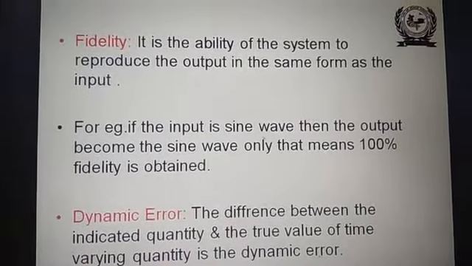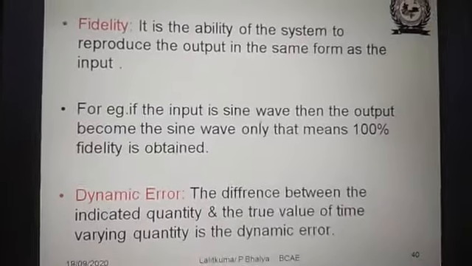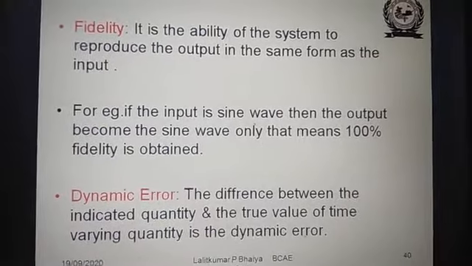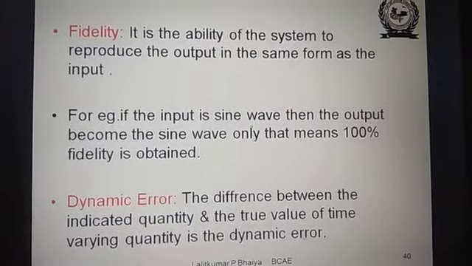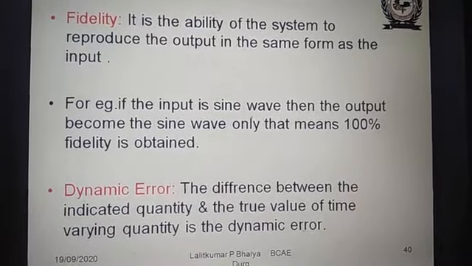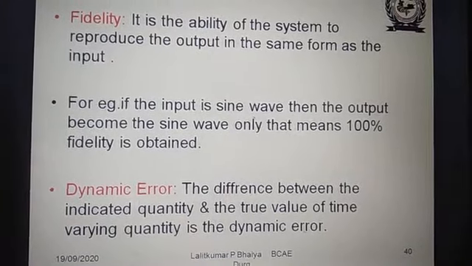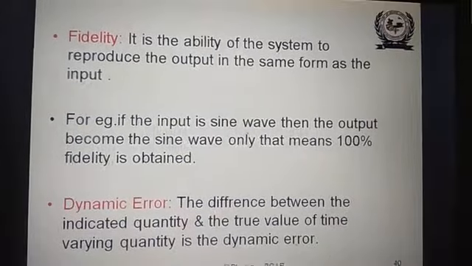That means 100% fidelity is obtained. Then dynamic error, static error we have seen. This is dynamic error. The difference between the indicated quantity and the true value of the time varying quantity is the dynamic error.